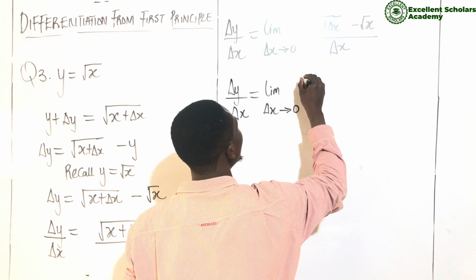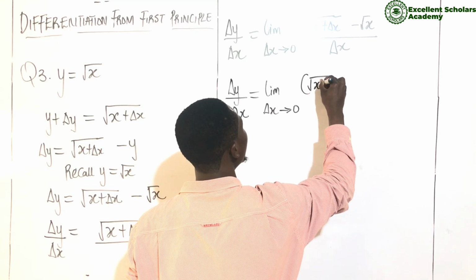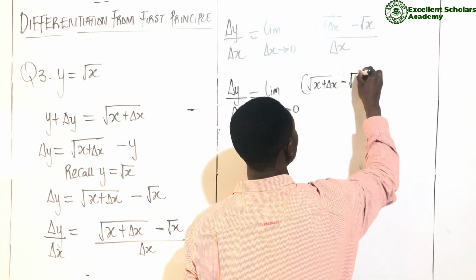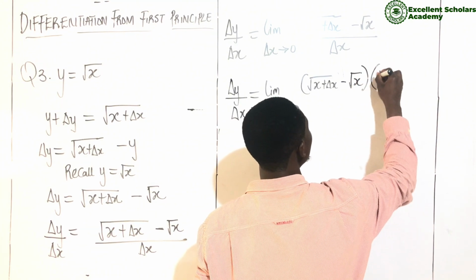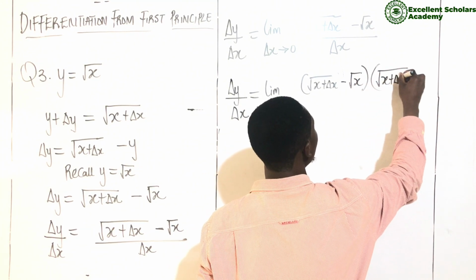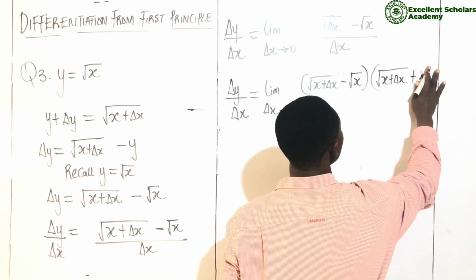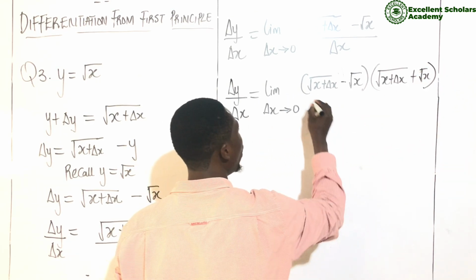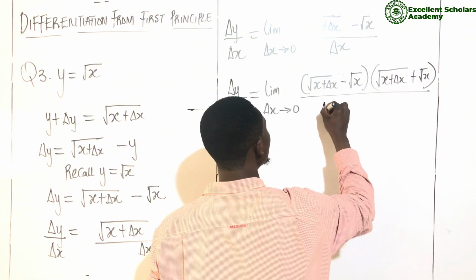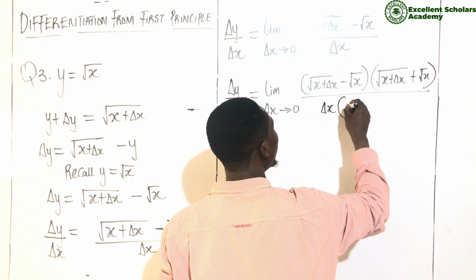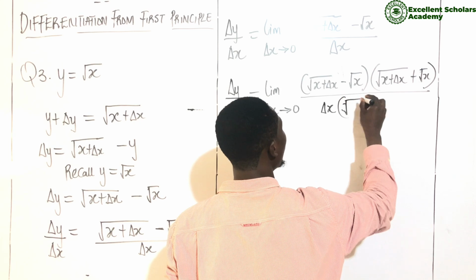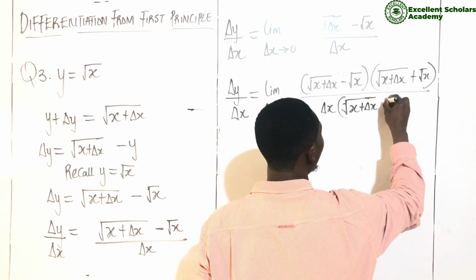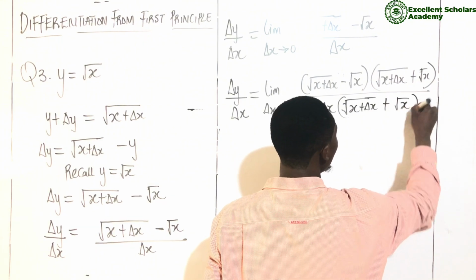Then this becomes this, minus this, multiplied by this plus this, over small increment in x, all multiplying square root of x plus small increment in x plus root x.